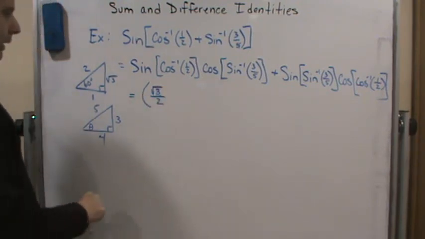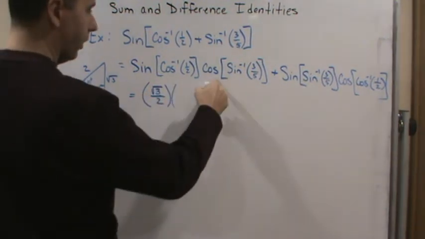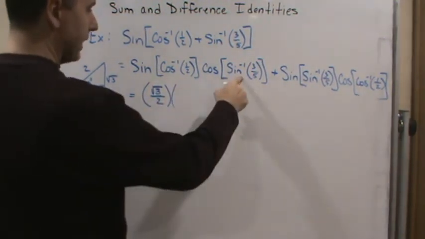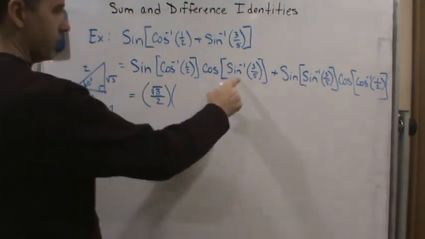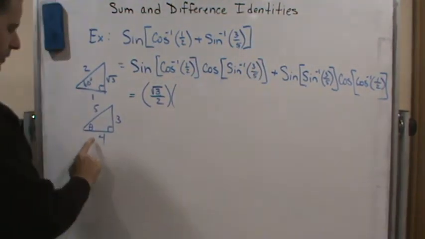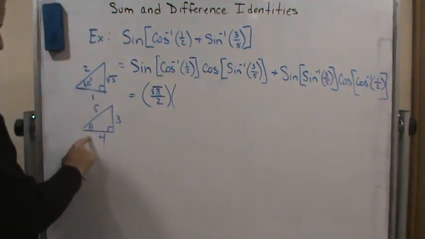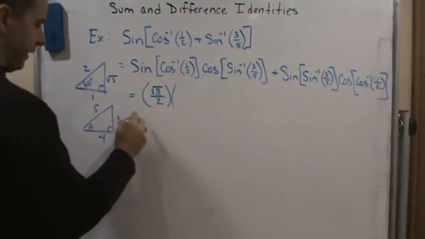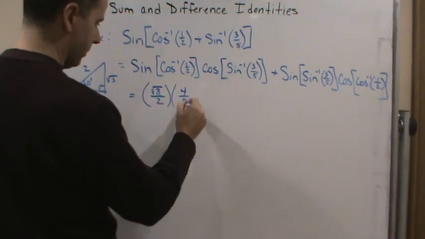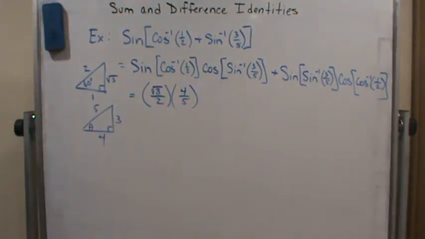Now what about this? Inverse sine of 3/5 gave us this triangle. So now what is cosine of this angle? Well, cosine is going to be 4/5. See how easy that is?